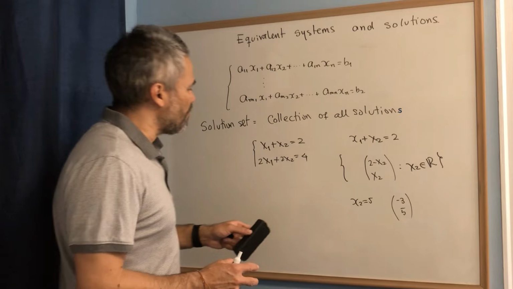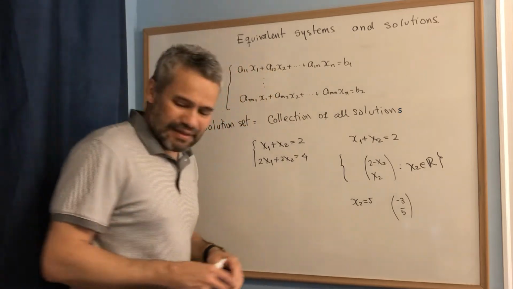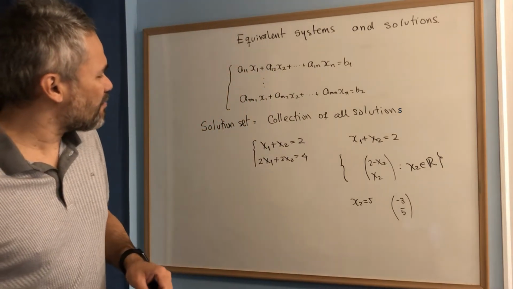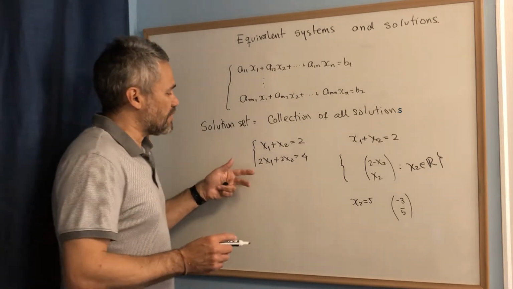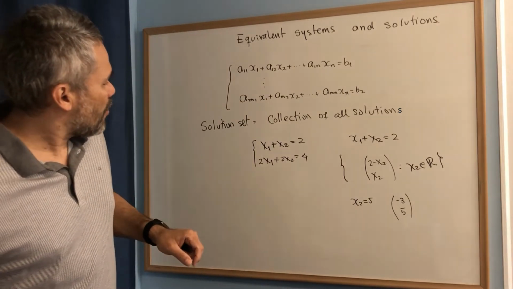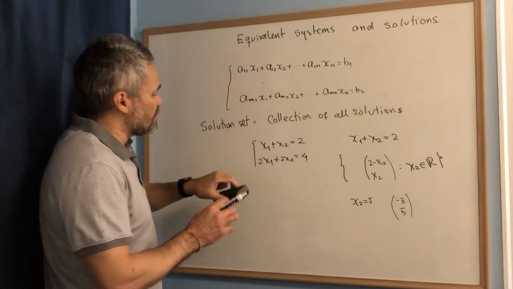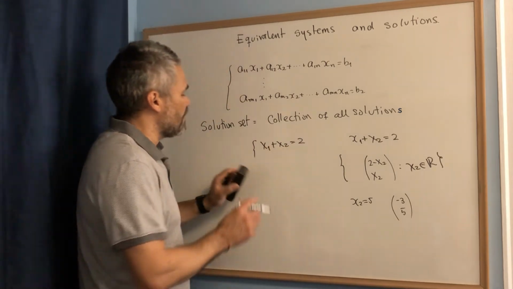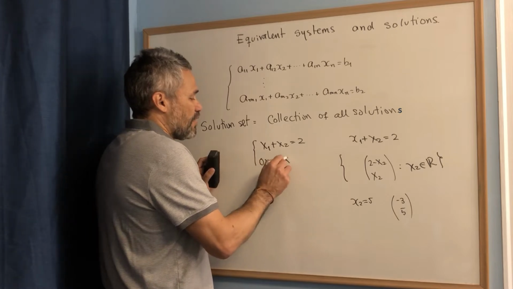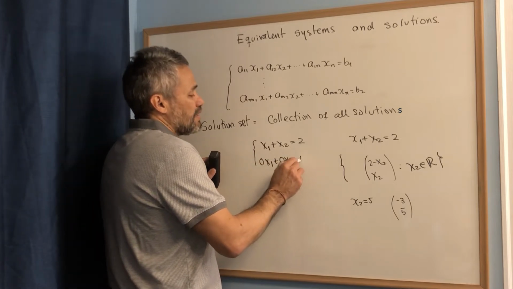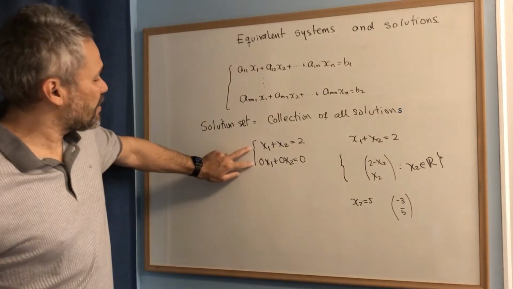There are some systems that look kind of weird, but they show up so many times that I think it's a good idea to point them out. Notice that according to this definition, I'm allowed to have this system like 0x1 plus 0x2 equal 0. This is a possibility for a system.